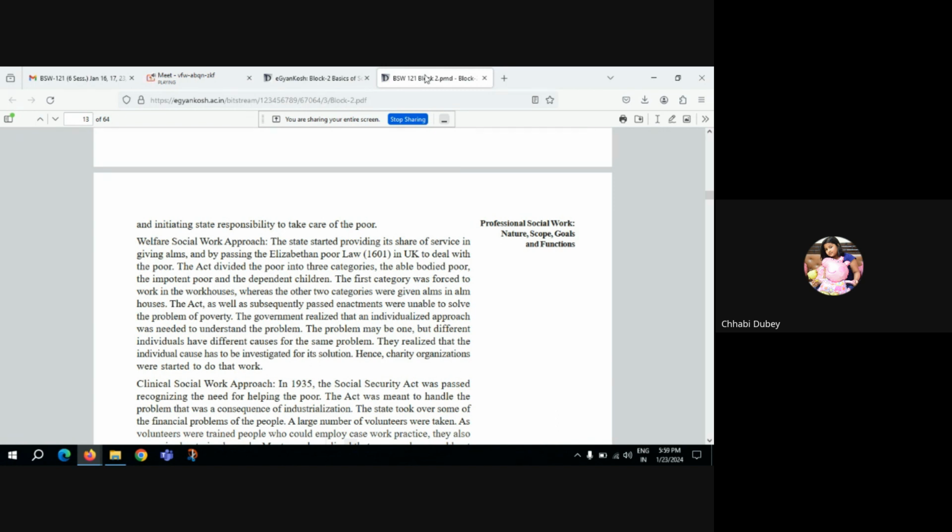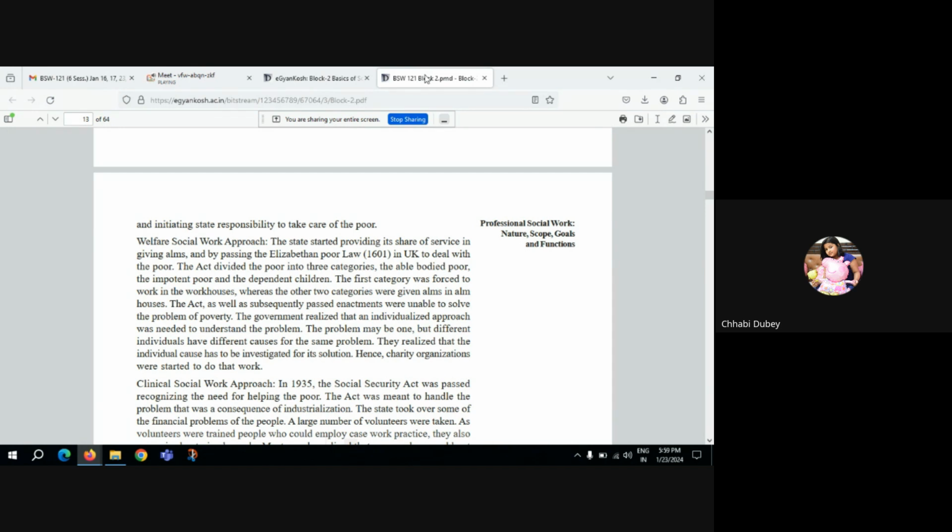But later, the government also realized that an individualized approach was needed to understand the problem, because people had different problems coming from different factors, and thus charity organizations were started everywhere in different parts of the world to do that work.